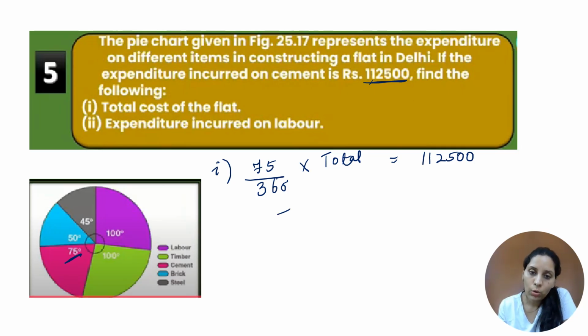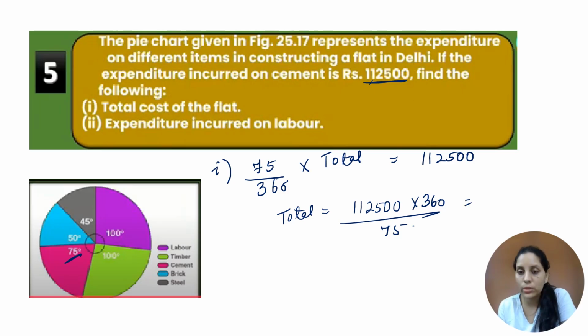So total will be equal to 112,500 into 360 by 75. So here you can reduce. Once you calculate everything, without wasting time, I'm just writing the direct answer, which is 5,40,000. This is the total.